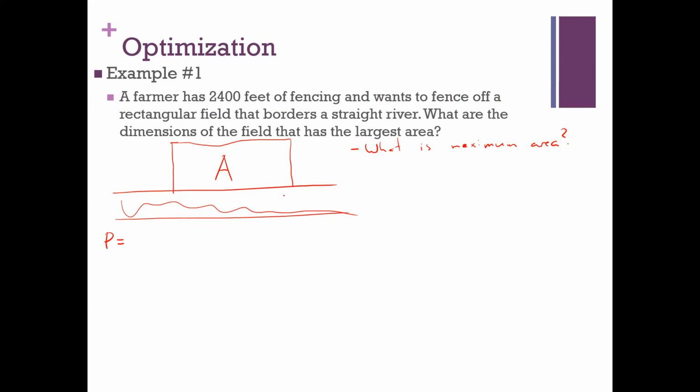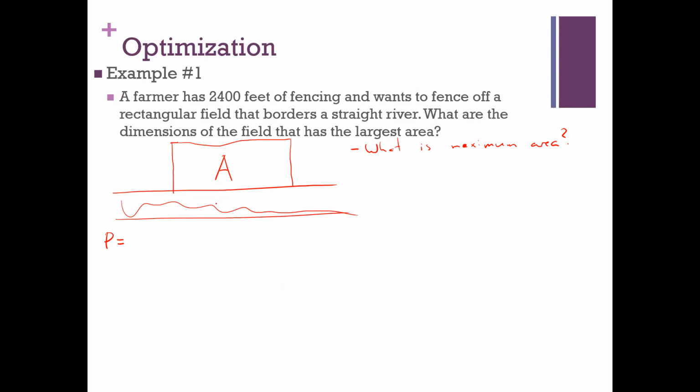Because remember, my perimeter really all comes down to what the maximum that perimeter can be. In this case, yes, the perimeter itself is going to be 2 times the length plus 2 times the width.